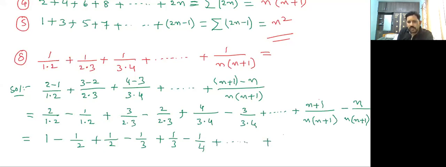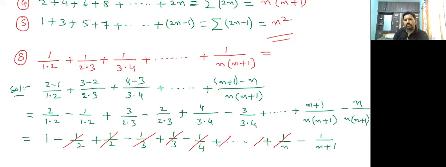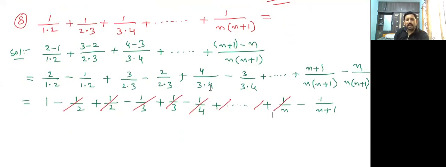Last term, 1 by n minus 1 by (n plus 1). Now observe the cancellation. These two, these two. This is the next term. Last term cannot be cancelled.